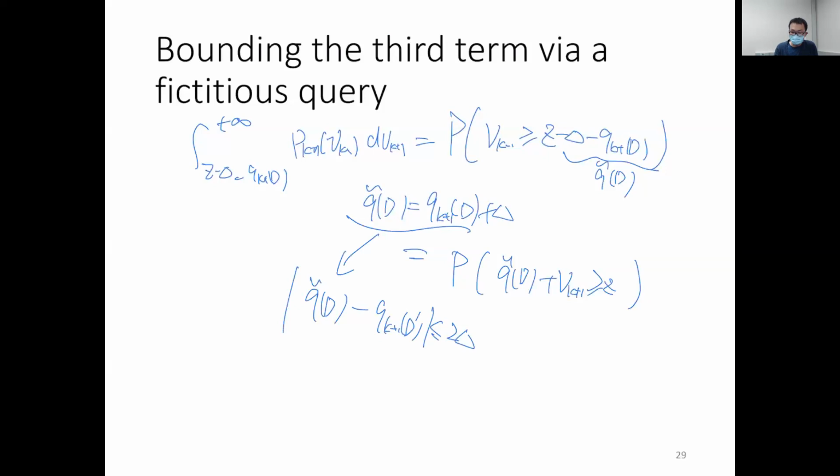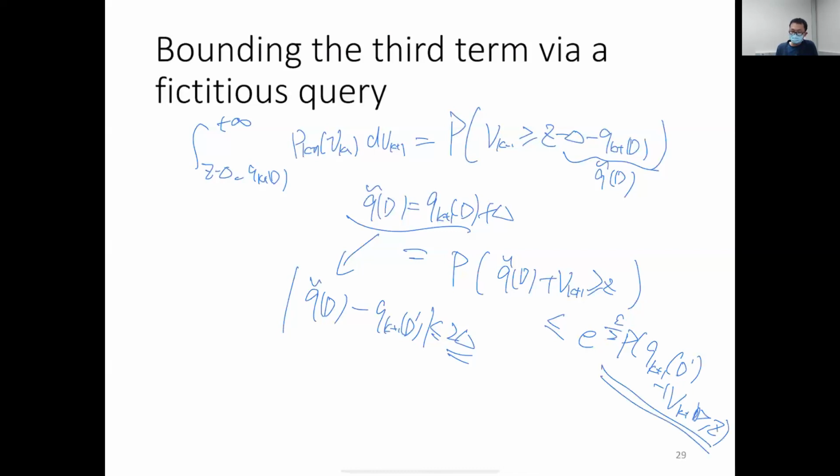Now by the condition we have about the query noise, that it needs to be half epsilon DP for all queries whose sensitivity is smaller than 2 delta, we can bound this by e to the power of half epsilon times the probability that qk plus 1 d prime plus nu k plus 1 is larger than z.